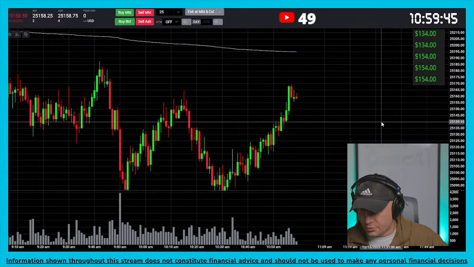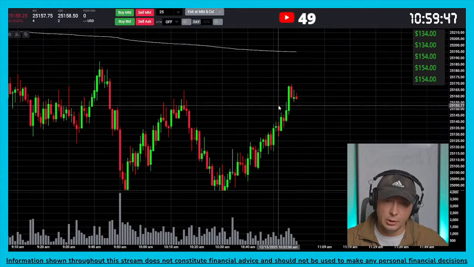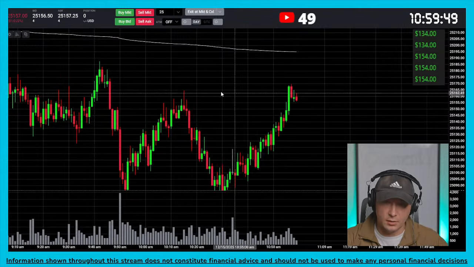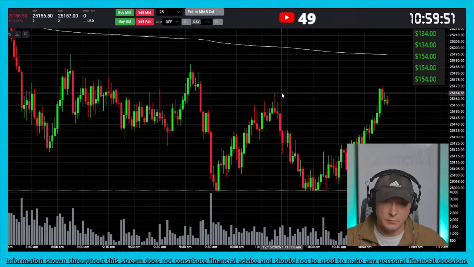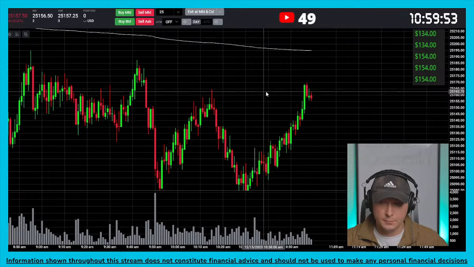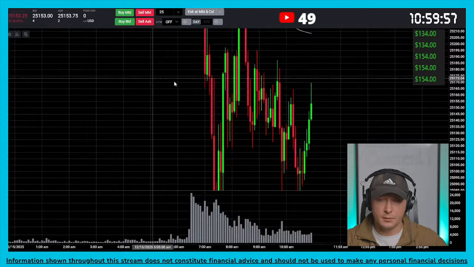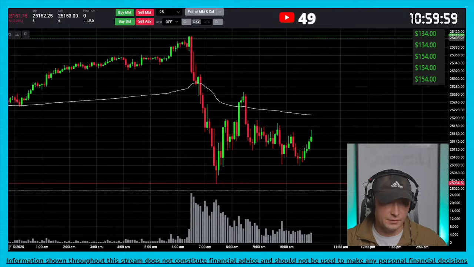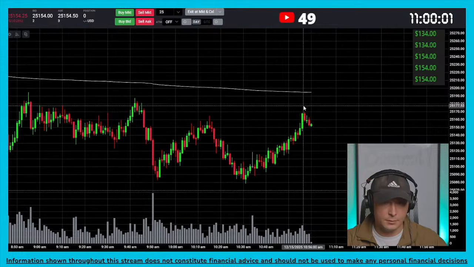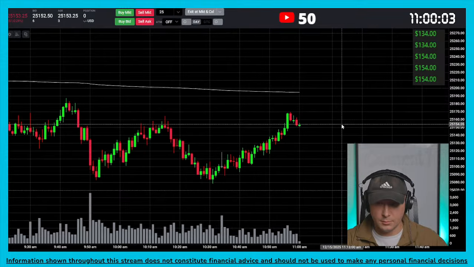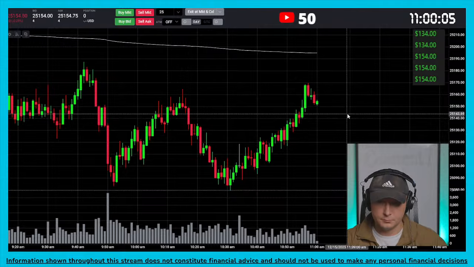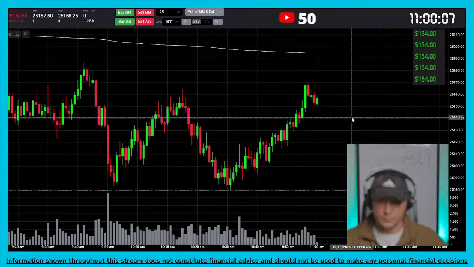Shoot, if I was going short here, or if I shorted there, my stop loss would have been here, so I would have gotten stopped out. That's just me though. I get stopped out a lot. Okay, there's the pullback. Let's get a little bit more. Give me like 140 and I'll search buy.